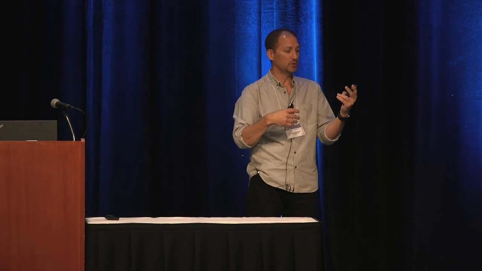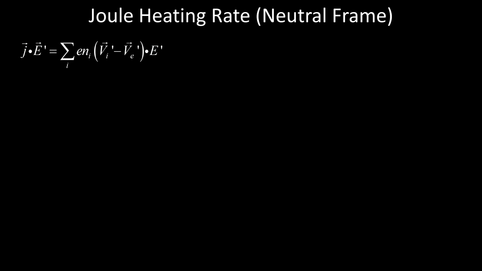And that gas is a single fluid gas weighted by the mass of the neutrals and the plasmas together. In our domain, in a highly collisional gas, it's usually the neutral gas that's equal to the weighted average gas. And so we tend to say this Joule heating rate is in the neutral frame.